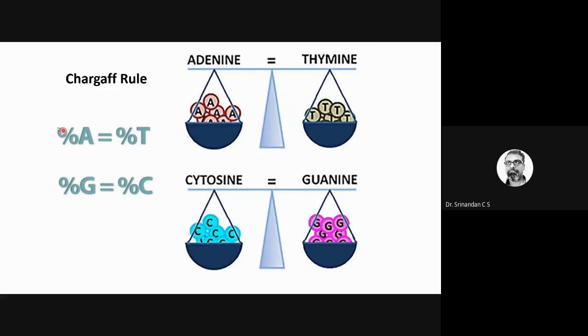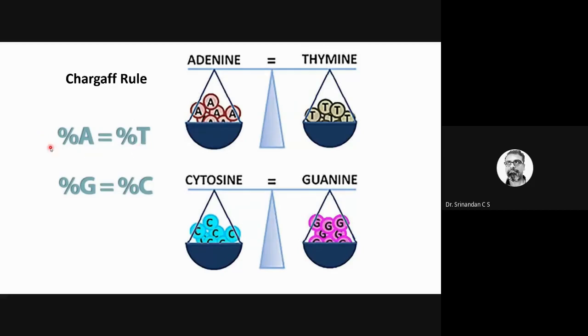Now, coming back to the experiment, the question which I want to ask you all. I have two test tubes. Test tube A has around 40% of A and T together, so 20% of this, 20% of this, and test tube B has around 80%, so 40% of this, 40% of this.